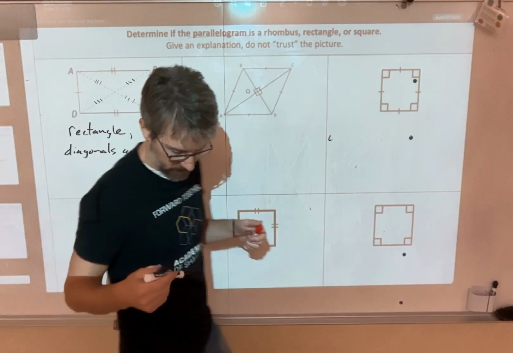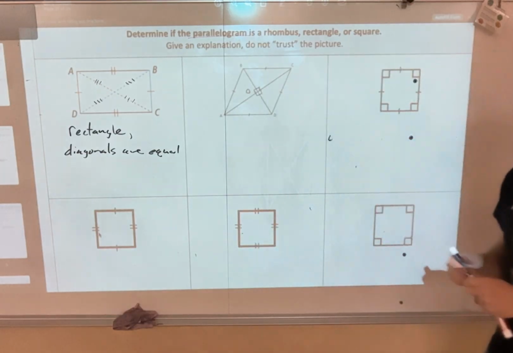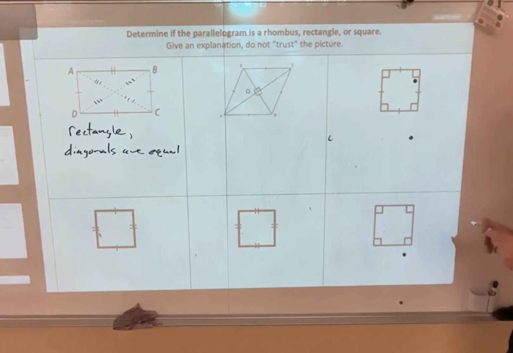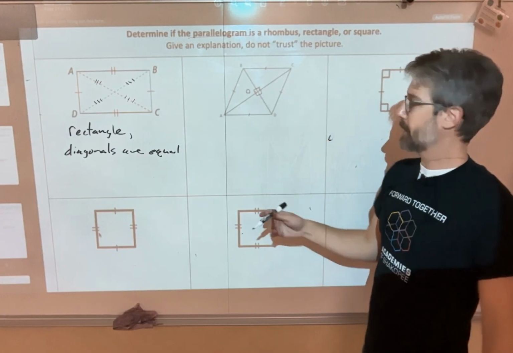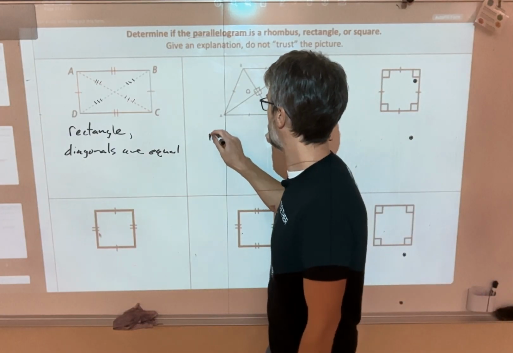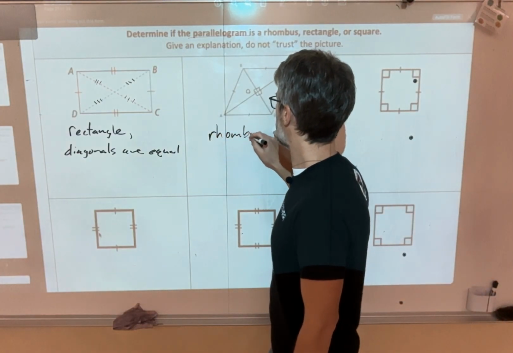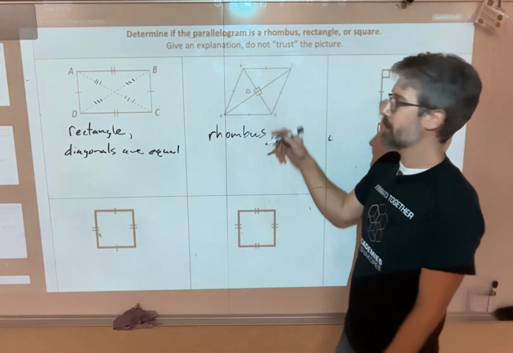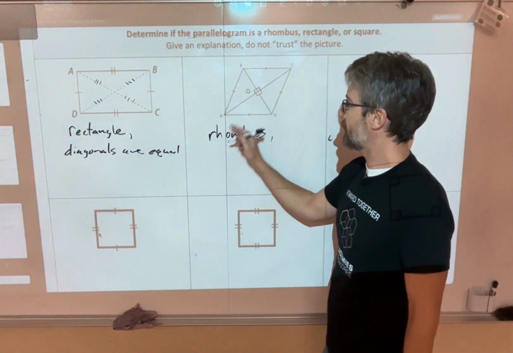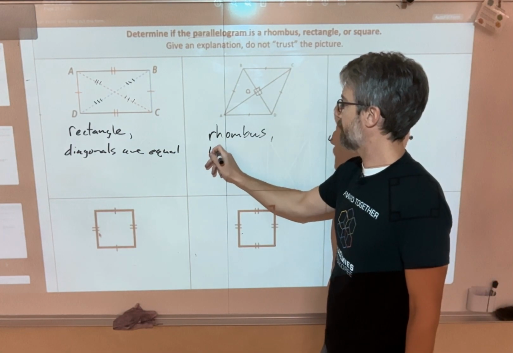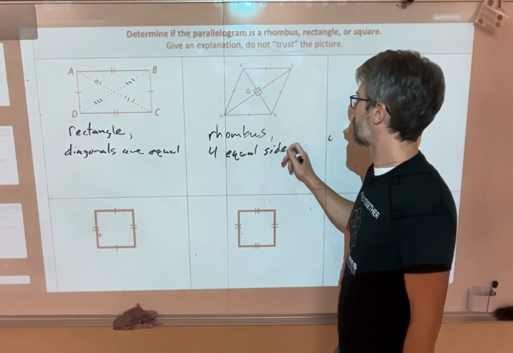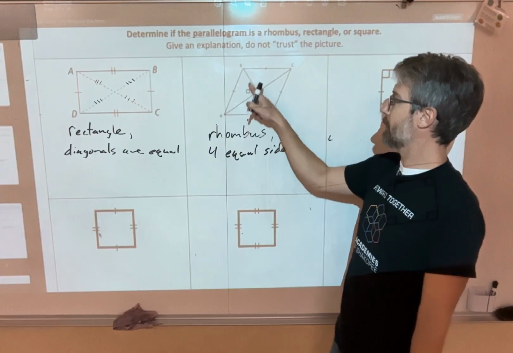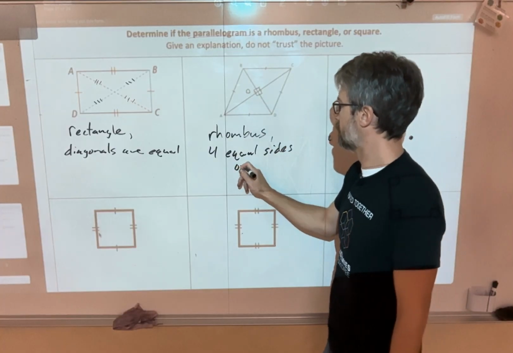All right, moving on. We've got in our next one, well, it's 4 equal sides, so that is automatically going to be a rhombus. There's actually 2 right answers to this one, though. It's a rhombus because for this parallelogram, it's got 4 equal sides, or we know because the diagonals are perpendicular.